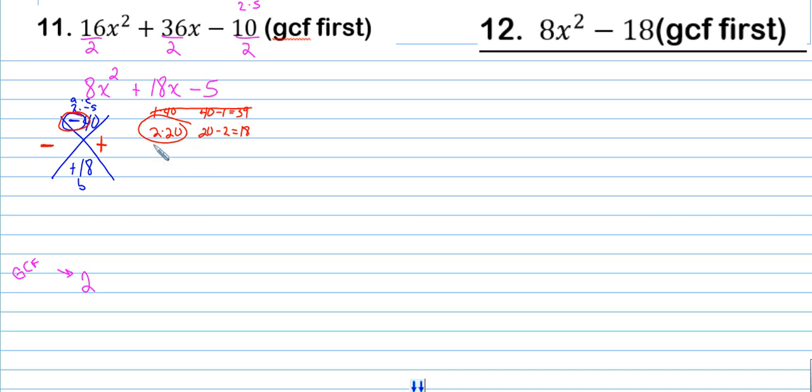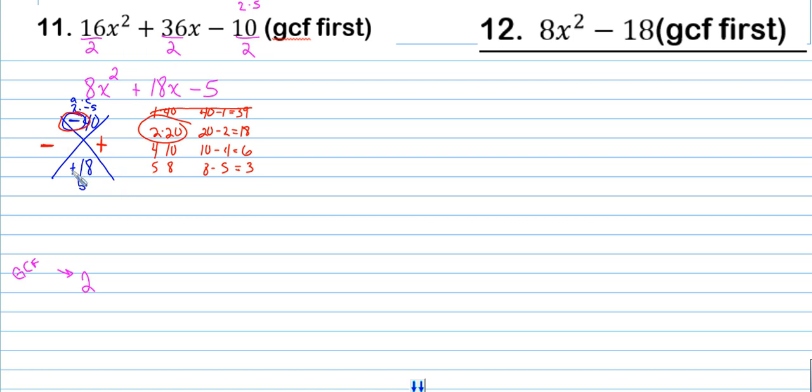And you could try other ones. 4 times 10, okay? And so you do 10 minus 4, which is 6. That won't work. And then 5 and 8, okay? And then you do 8 minus 5, which is 3. Okay, 6 doesn't work, 3 doesn't work, and so really the only one that works is 2 and 20.